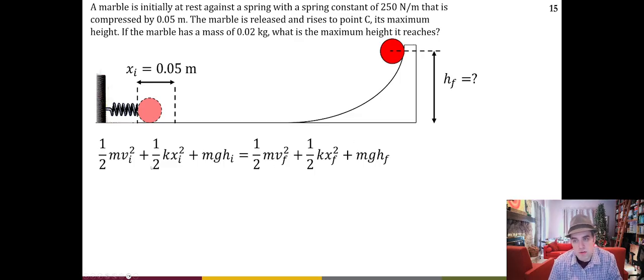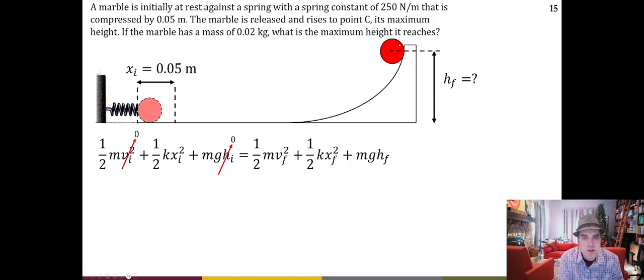So these are all those forms of energy, but we released it from rest. So do you see how our initial velocity is zero? So our initial kinetic energy is zero. The spring is compressed initially, so we do have energy here. Now the marble's on the ground here, so our initial height is zero, so this term is gone.